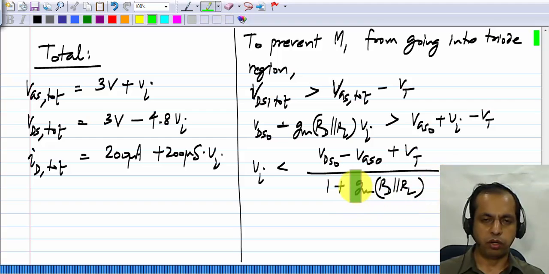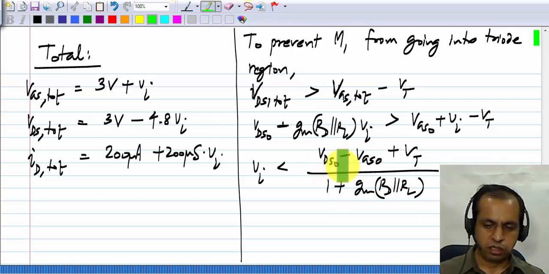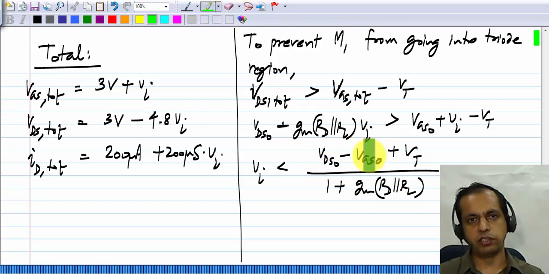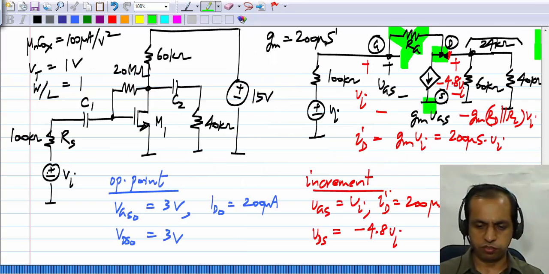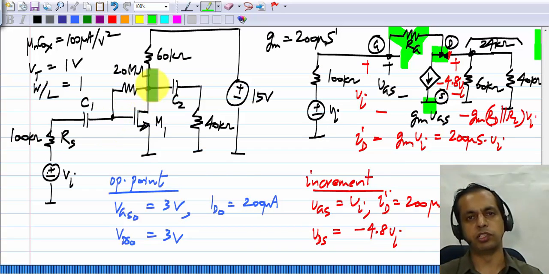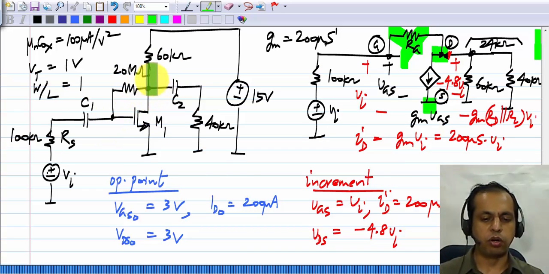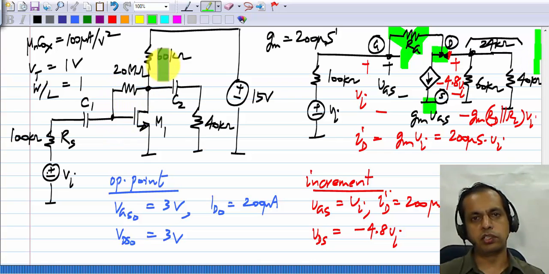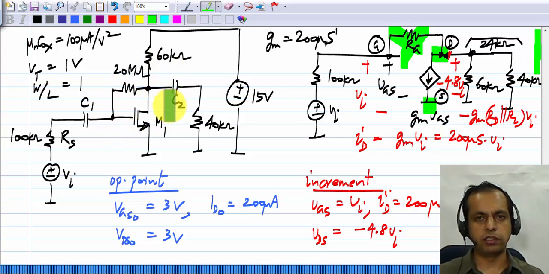And in this particular circuit, VDS0 and VGS0 are exactly the same. In fact, that's one of the disadvantages of this configuration using drain feedback, because the quiescent drain voltage and gate voltage will be exactly the same as each other. So that means that there is not a lot of room for the gate voltage to rise and the drain voltage to fall before it enters triode region.